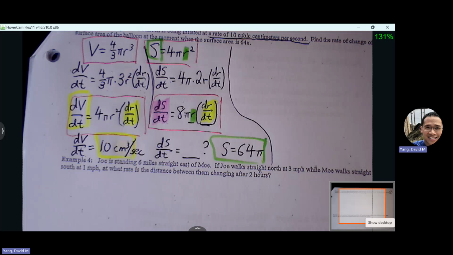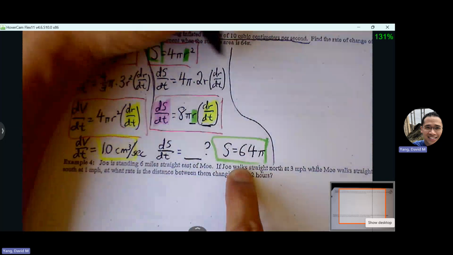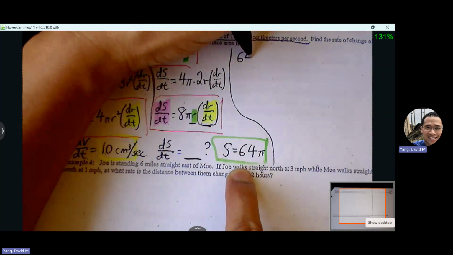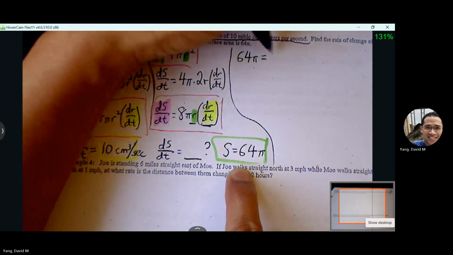I think the TI-36 Pro can handle it, if you plug in pi, it'll still return pi. But on the TI-83/84, it may give you a decimal number. So leave pi out of the calculator, treat it like a variable, and put it where it belongs. So let me just replace 64 pi in for S.